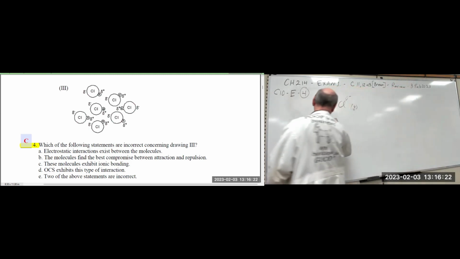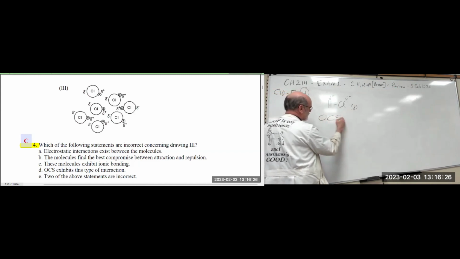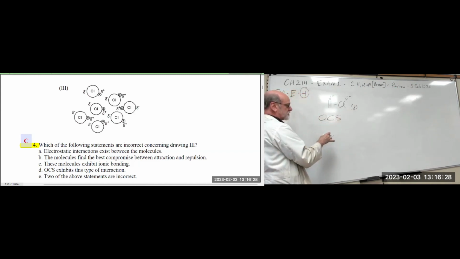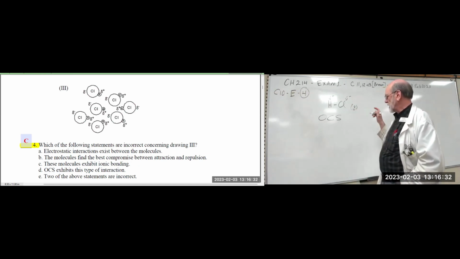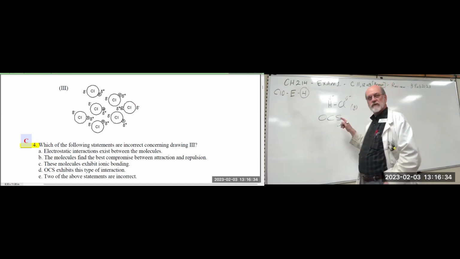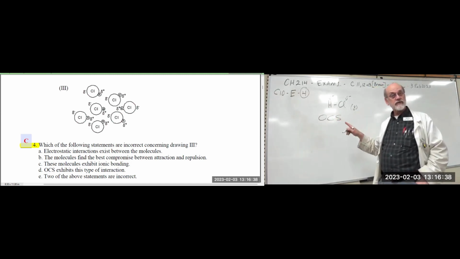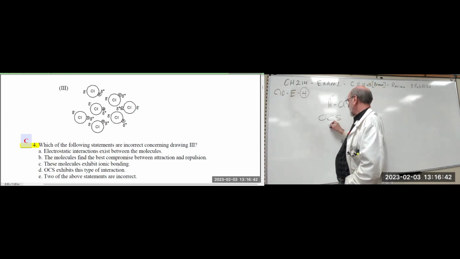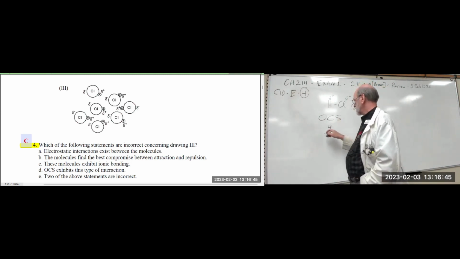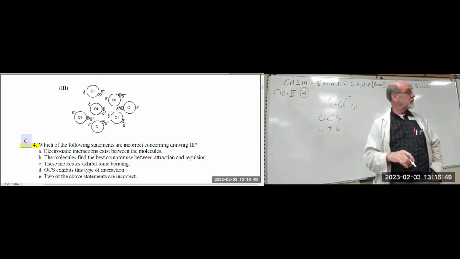So the question is giving you OCS, a molecule, and in order to determine its structure, we need the Lewis dot structure first, and then we need to determine its geometry. Carbon has 4 valence electrons, oxygen has 6, and sulfur has 6, I believe.